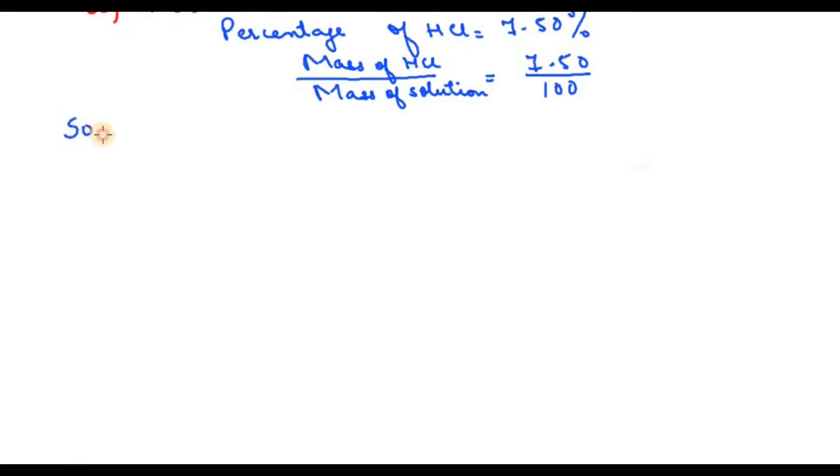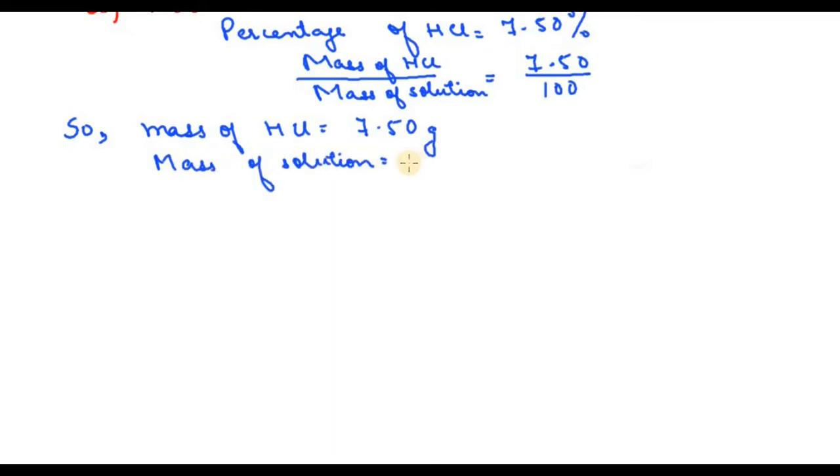So from the above equation, we can write mass of HCl is equal to 7.50 grams and mass of solution is equal to 100 grams. We can consider this mass of HCl as equation 1 and mass of solution as equation 2.